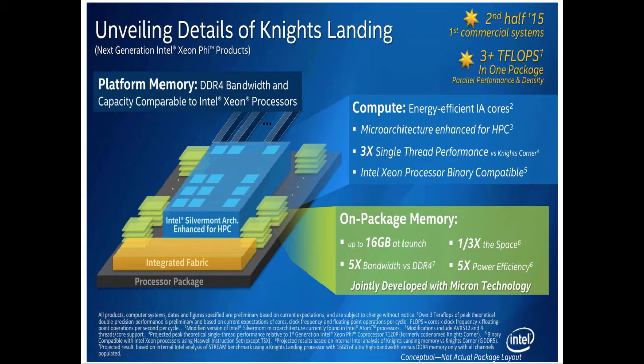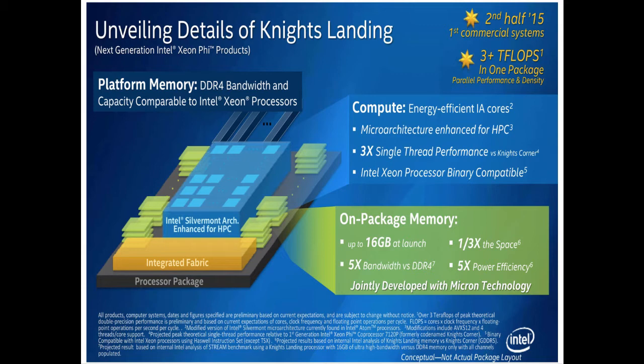So if you have problems, for instance, that fit in 8 gig or 16 gig, they'll be able to run without going out to the main memory of the system. In addition, there's 5x power efficiency improvement, and 3x single thread improvement compared to Knights Corner.